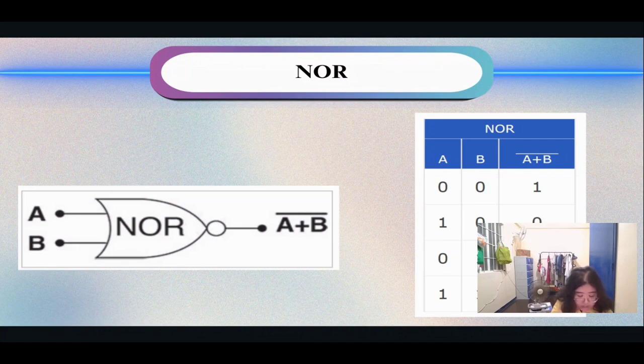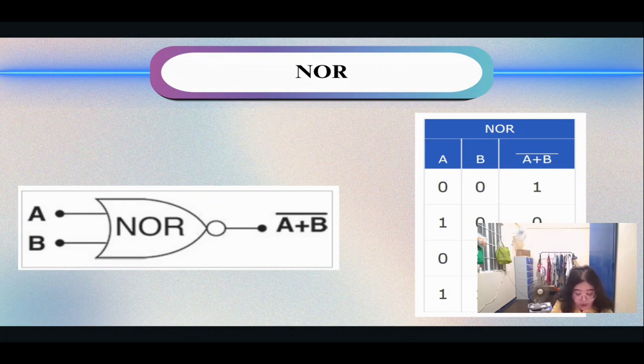for the first row, the NOT operation is the negation of the OR result. Since 0 plus 0 is 0, the NOT of 0 is the opposite, which is 1, so the output is 1.